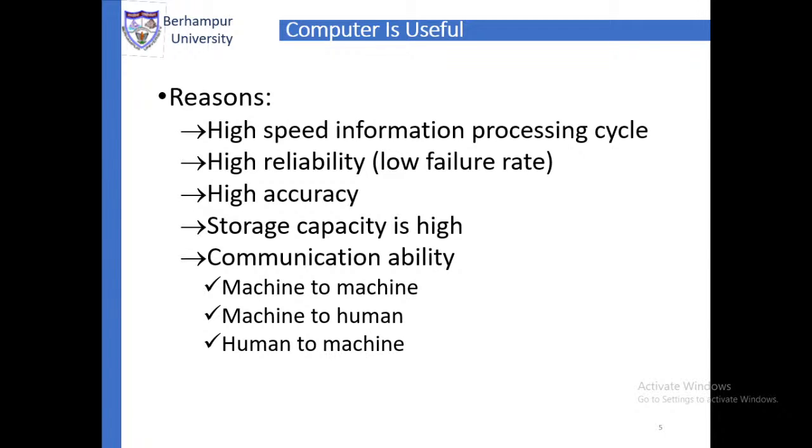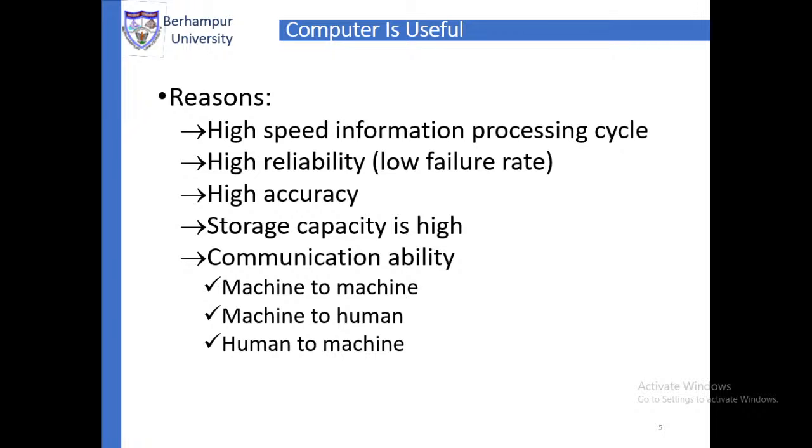Then machine-to-human communication, that is, the machine is doing something and that is being communicated to the human. For example, you are talking through a mobile phone, or you are talking through a computer.